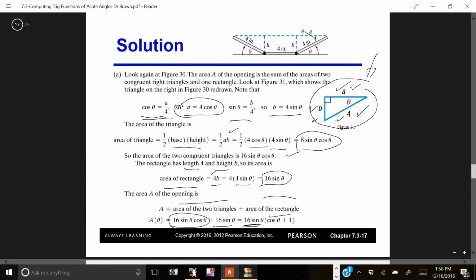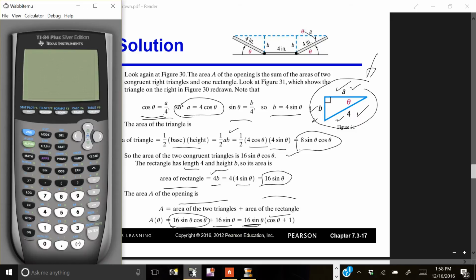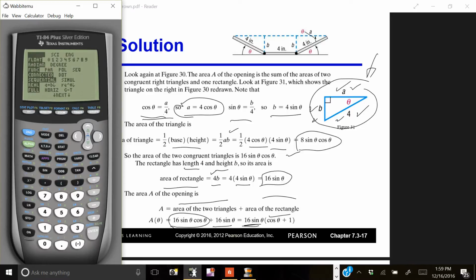So let's bring up the calculator, turn it on, clear it, and we're going to make sure we're in degree mode.